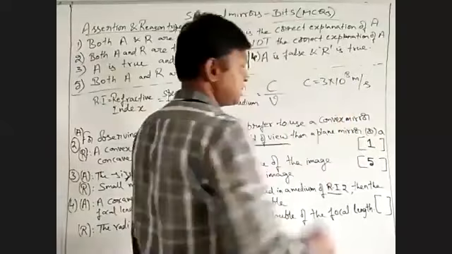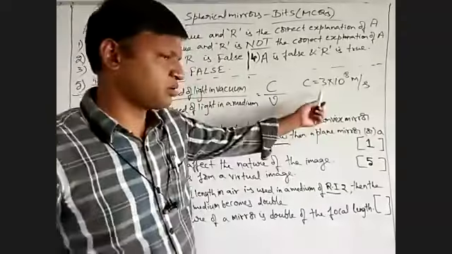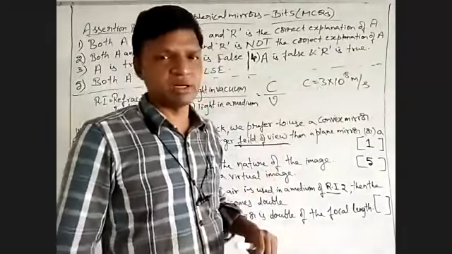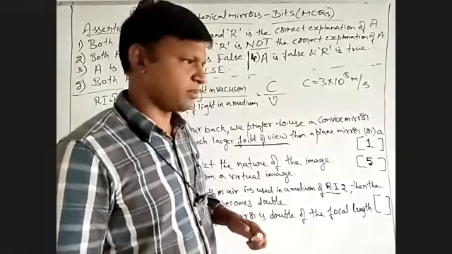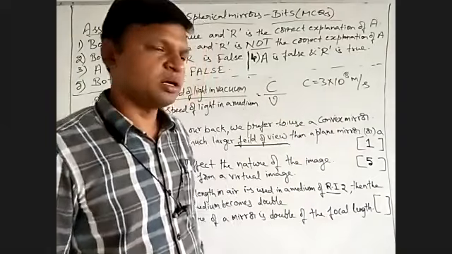Generally, if you see any standard books, this is what is given. While doing any calculation or problems, we use only 3, not 2.98. So it is 3 into 10 power 8 meter per second.